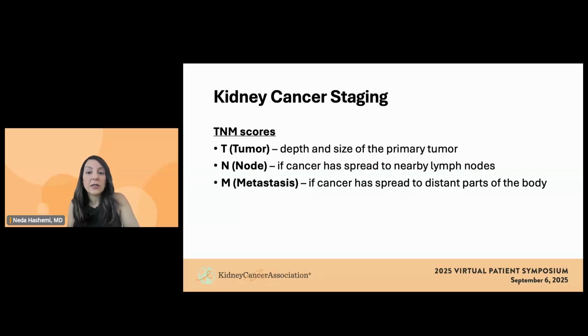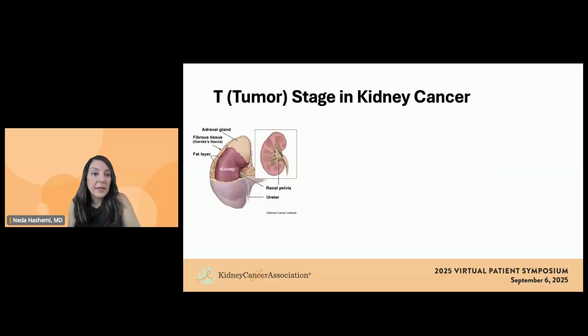And the next couple of slides will walk through this. This is a picture of the kidney. So this is our kidney. There is the adrenal gland, this triangular shaped cream tissue you see above the kidney is the adrenal gland. The kidney and adrenal gland, they are covered in a fatty layer.